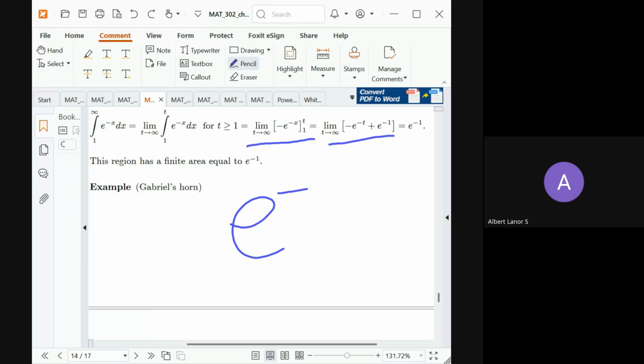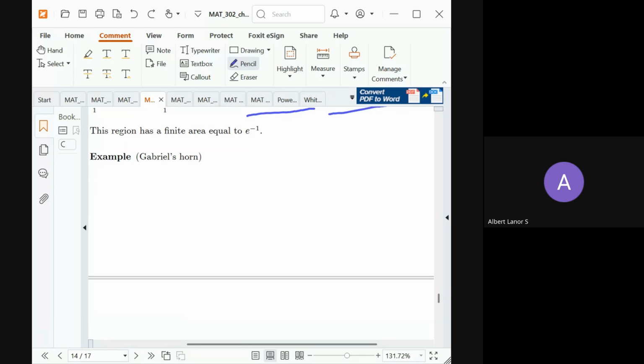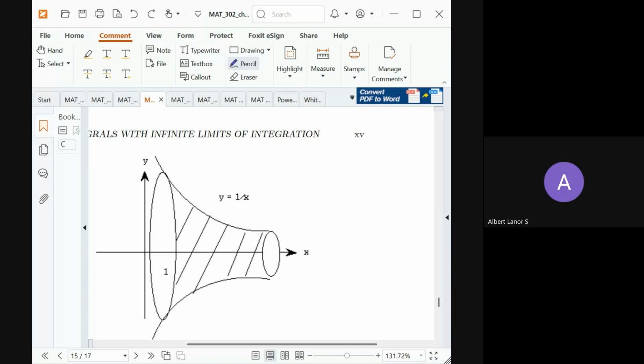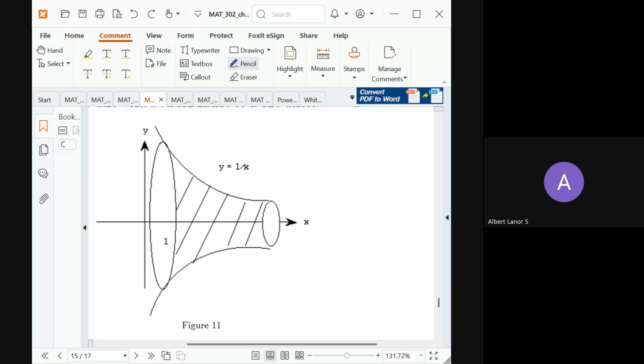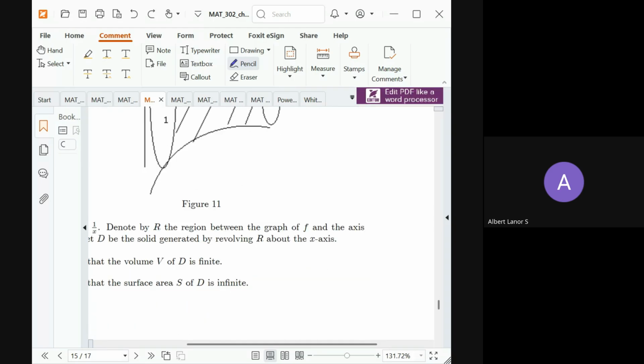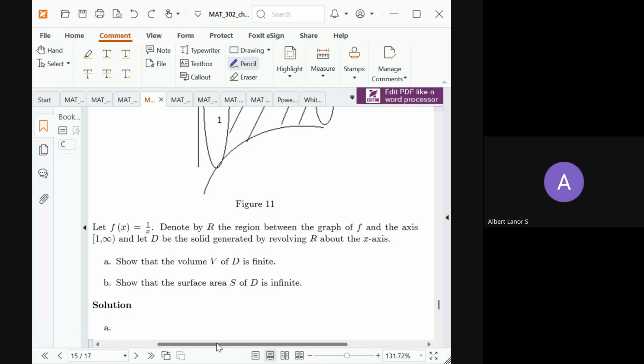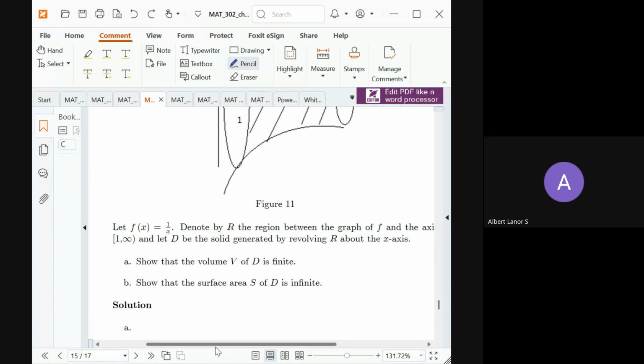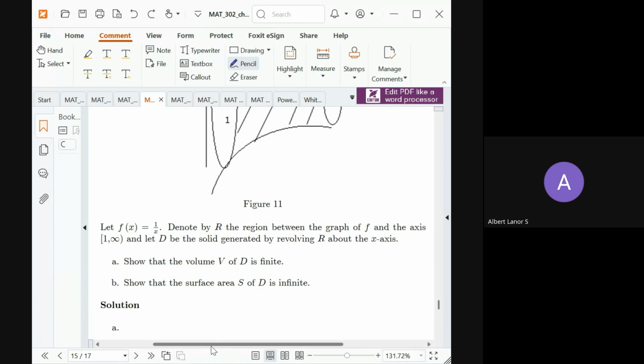Now let's take an example of Gabriel's horn. Now you have 1 over x, then you have minus 1 over x, the region between the two of them. Now, let f of x be 1 over x.